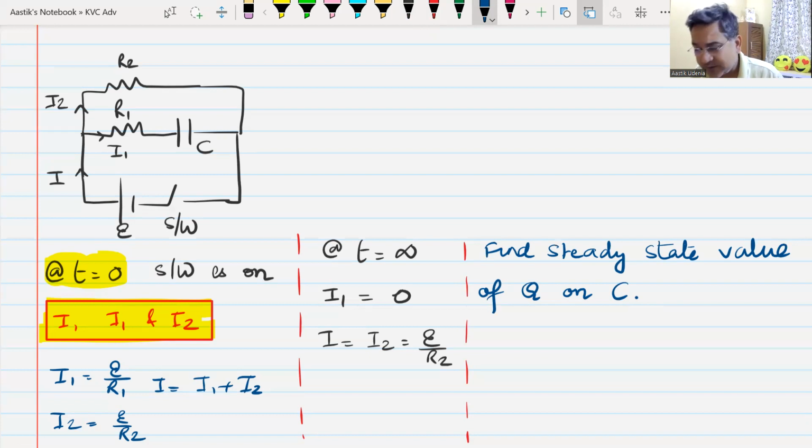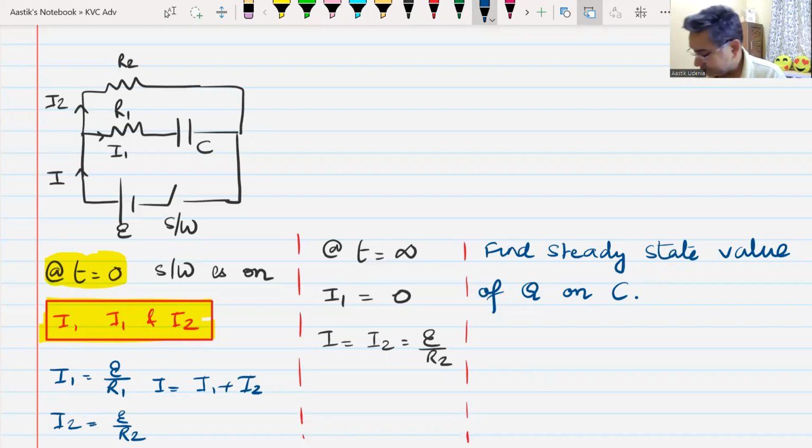What is the final charge on the capacitor? Up till what amount the capacitor will get charged? Two minutes you have to give me the answer. E into C is the correct answer.